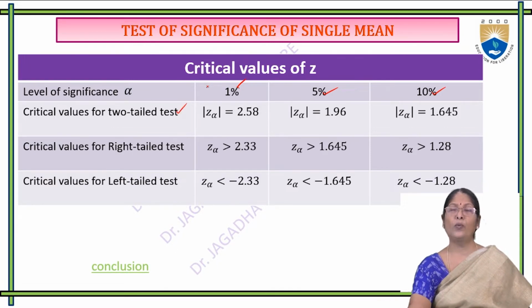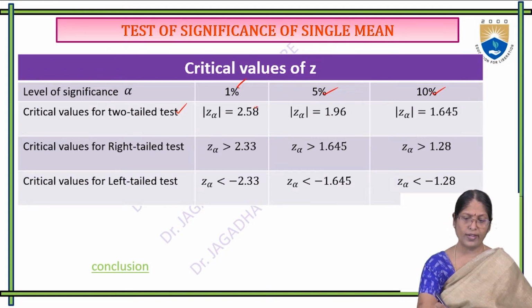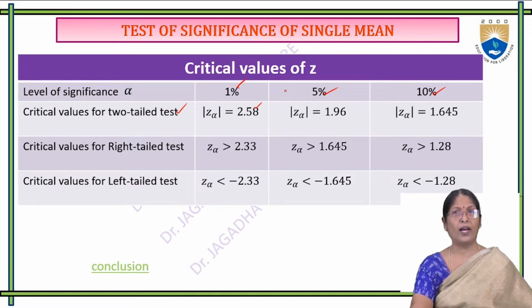Here we are going to use normal curves. On the two sides of the normal curve, the rejection area is where mod Z alpha is 2.58.